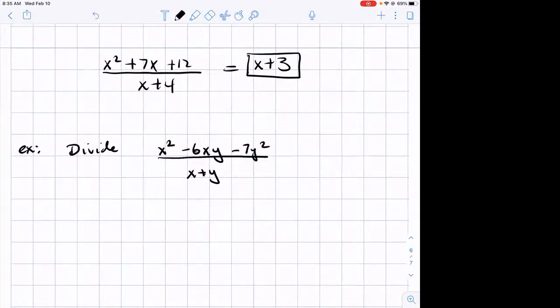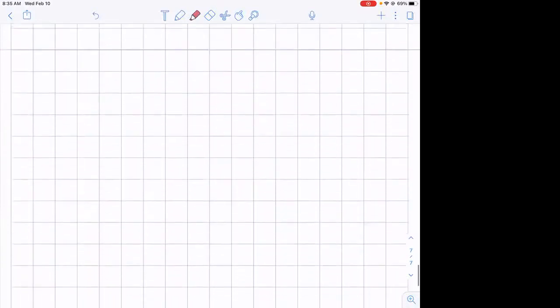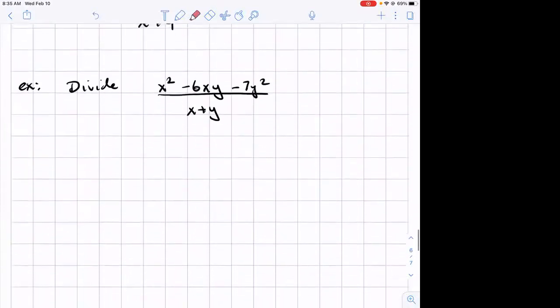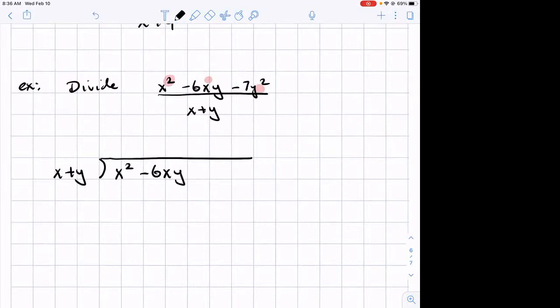So let's focus on the x term here. So we have an x squared, okay? Then we have an x to the 1, and notice there's no x term over here, x to the 0. So it seems like there's no missing term here. So I'll go straight and set up my division. So x plus y, that's my divisor, and x squared minus 6xy minus 7y squared.